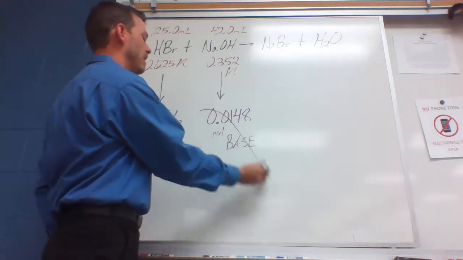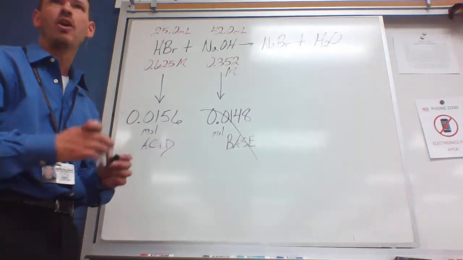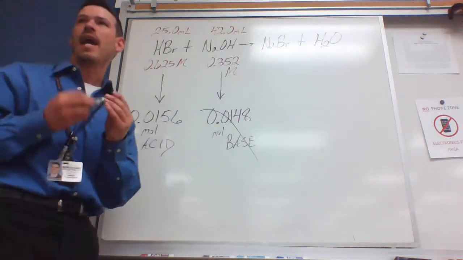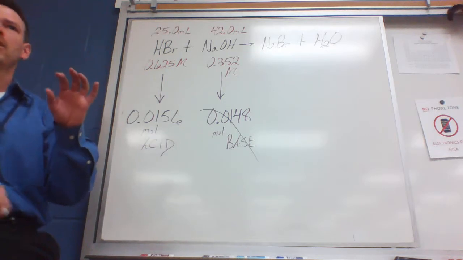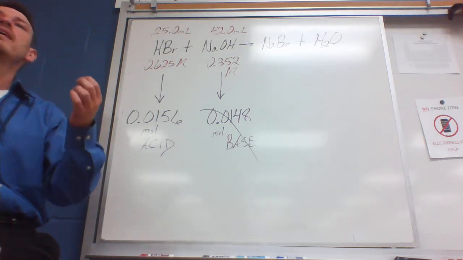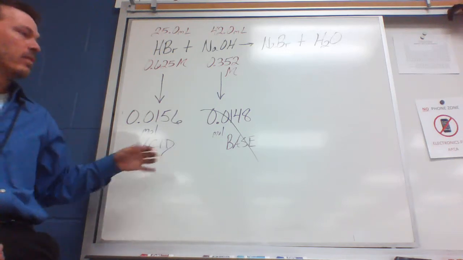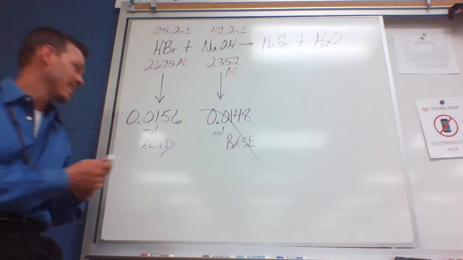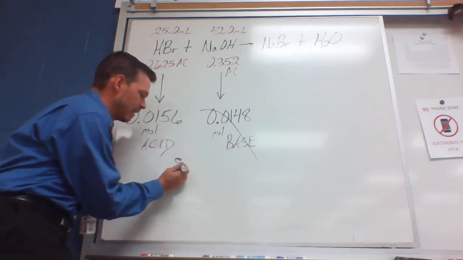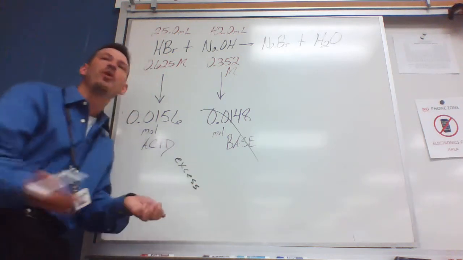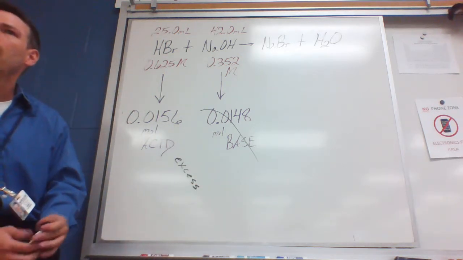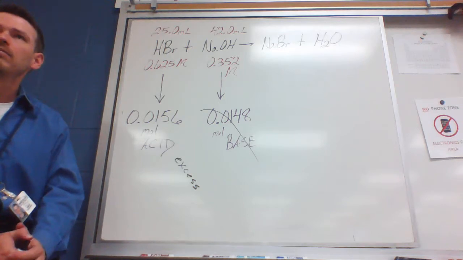So if the smaller number disappears, even though it's a neutralization reaction, will there be acid or base left over? Acid. So it's going to be acidic because this guy here is in excess and he's still going to be floating around in the beaker when it's all said and done.